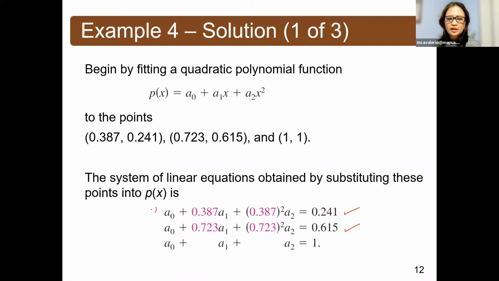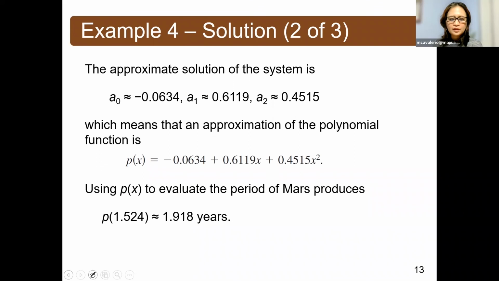With this system of equations, all we need to do is form the augmented matrix and apply Gaussian elimination with back substitution, or simply proceed with Gauss-Jordan elimination to come up with the reduced row echelon form of the matrix.